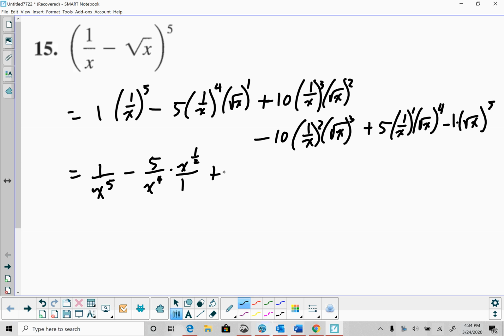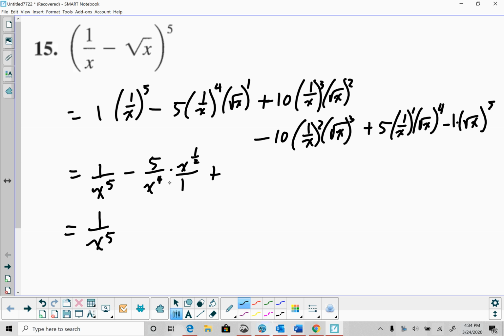Now, before I get to the next term, let's refresh your memory on how to simplify those. It's basically what we called our quotient rule. So we have x to the 1/2 divided by x to the fourth. You're supposed to take the difference between those exponents.